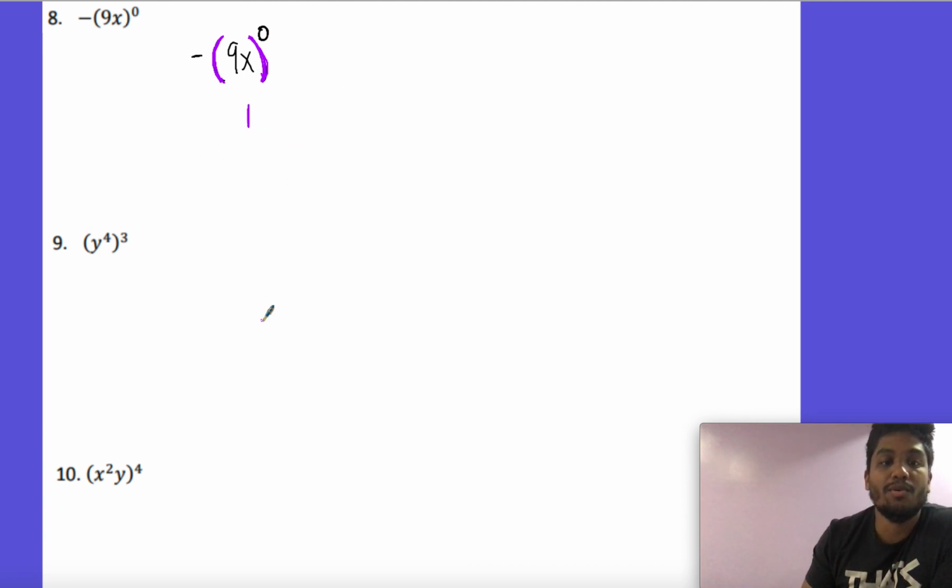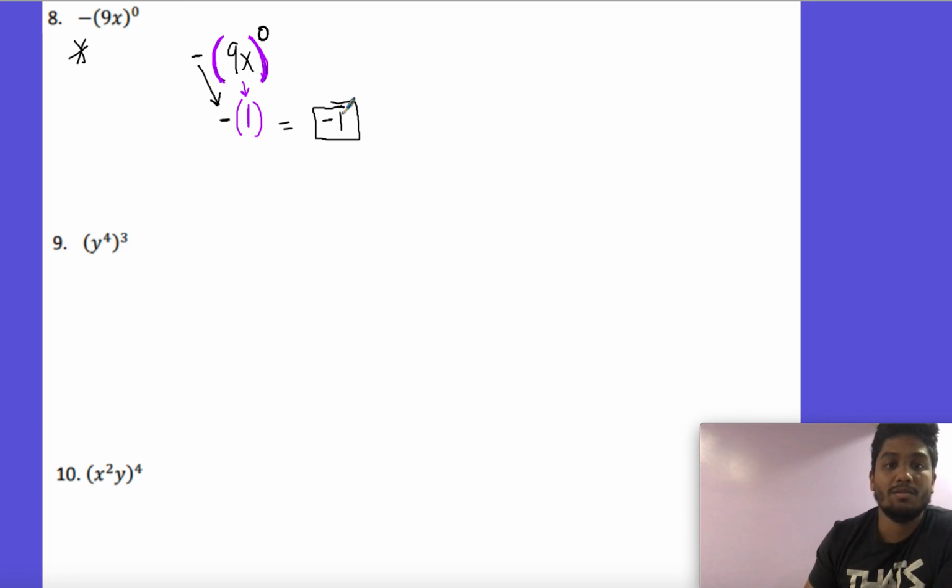So that is definitely 1. And I'm going to drop down these parentheses. And then this negative sign that was in the front has nothing to do with this exponent, so this drops down as well. So our final answer just ends up being negative 1. I'm going to put a star here because that's pretty important, and it's very easily overlooked. So that's something we need to watch out for.